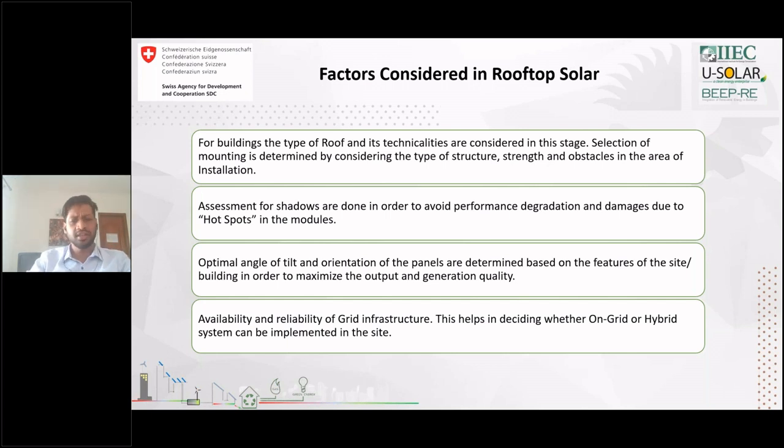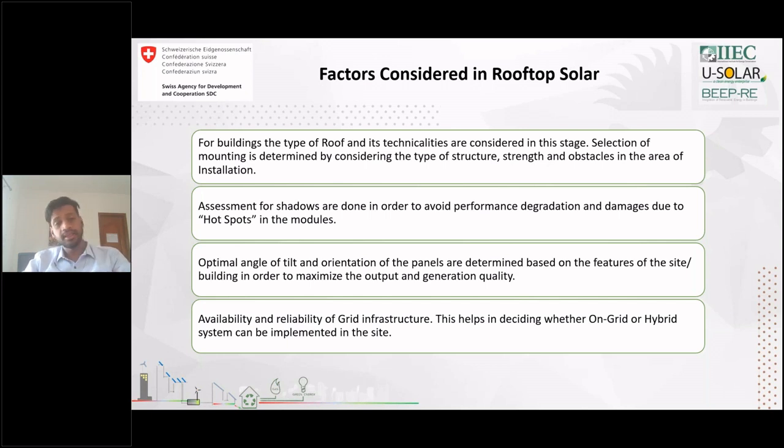If you have an RCC roof, we'll use hot dip galvanized MS structures. We need to design the structures using the load bearing capacity of the roof, and assess if the additional load going to be installed on the structures can be withstood.